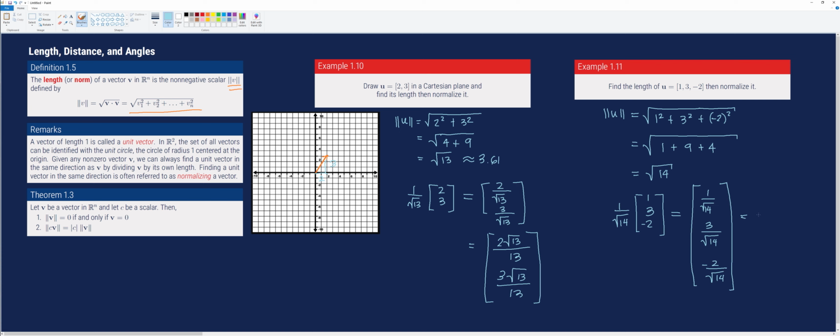Now we will try to simplify this by rationalizing each expression. So this is equivalent to square root of 14 over 14. This is equivalent to 3 square root of 14 over 14. And this is equivalent to negative square root of 14 over 7. Which gives us the final answer.